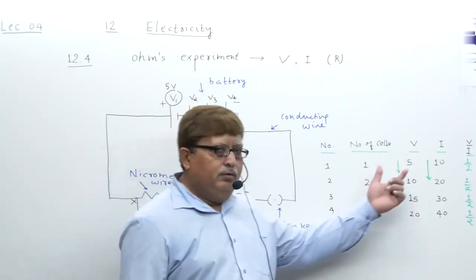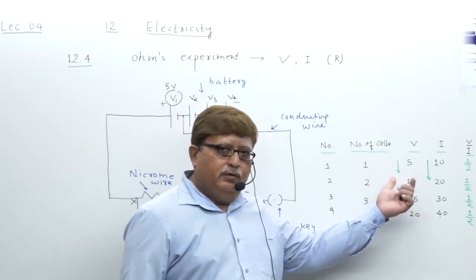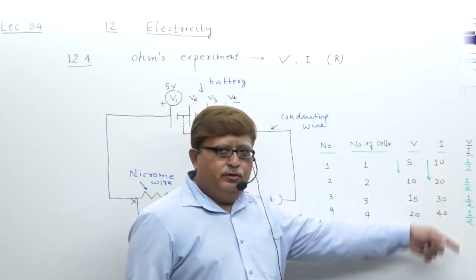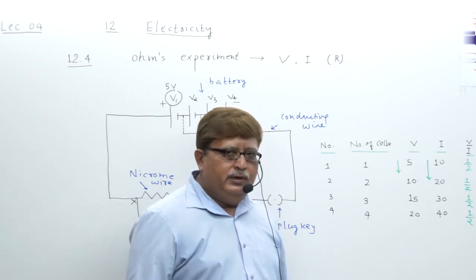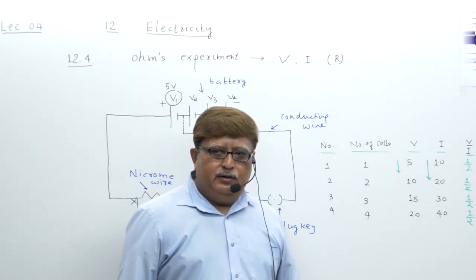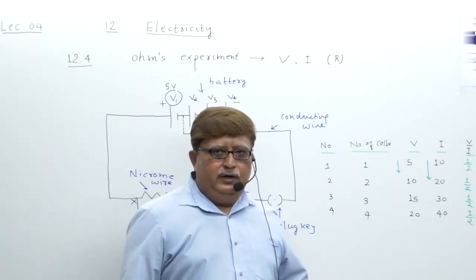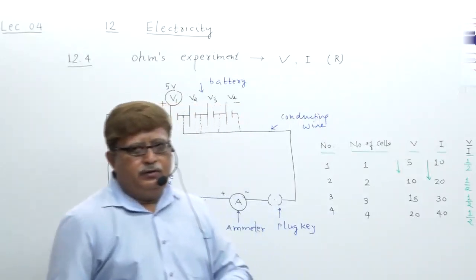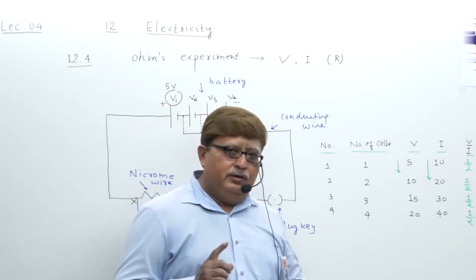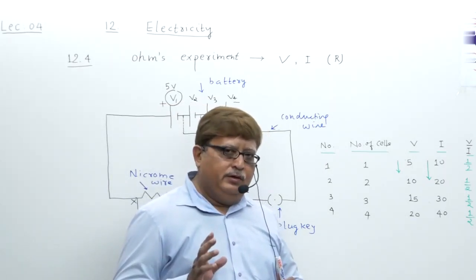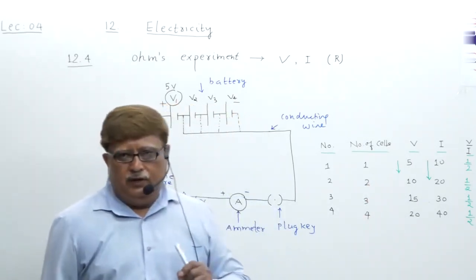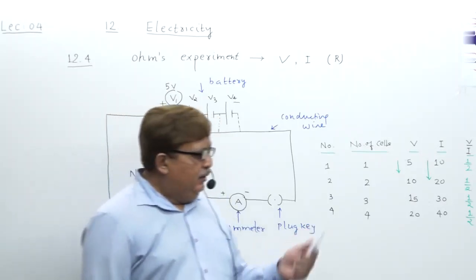Both physical quantities increase simultaneously, so the ratio remains constant. If you can remember 8th standard direct variation, where both physical quantities increase simultaneously in a uniform manner, the ratio of both varying physical quantities V and I remains the same.